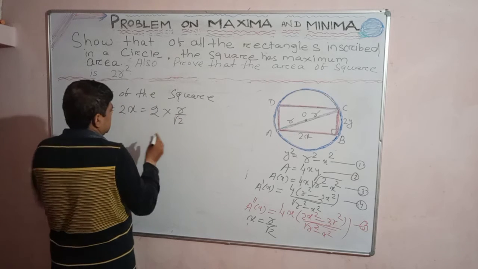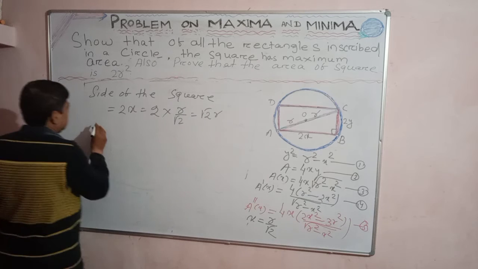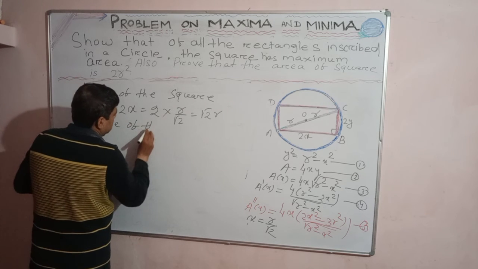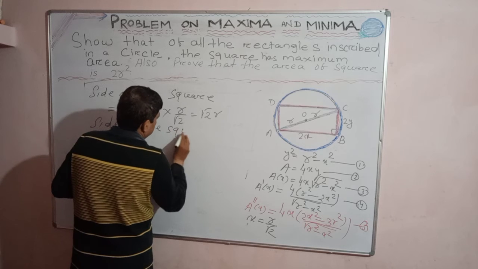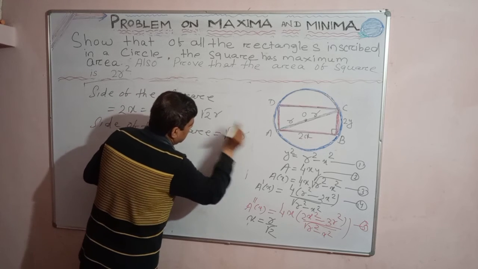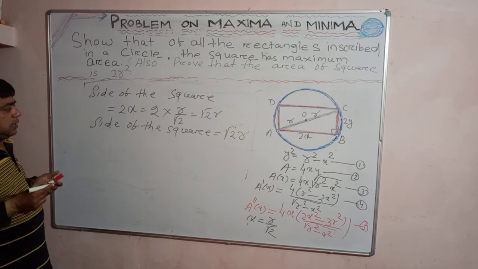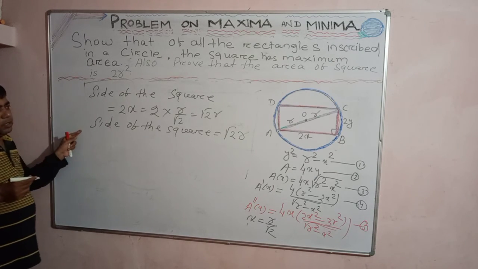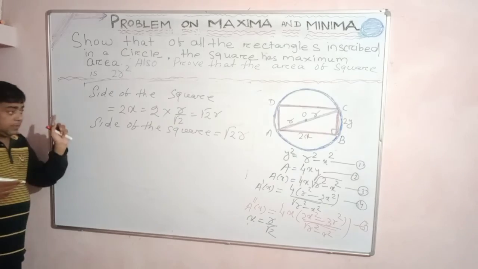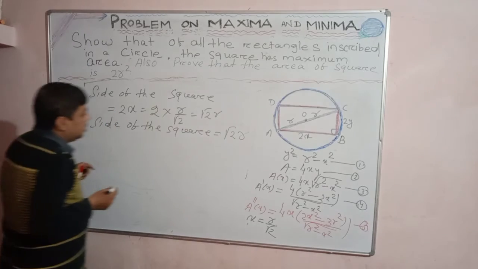So the root 2 will cancel, and it will be root 2 into r. So the side of the square is root 2 multiplied by r, where r is the radius of the circle. So it is clearly understood that if the radius of the circle is given, we can find the square of maximum area whose side is root 2 into r.